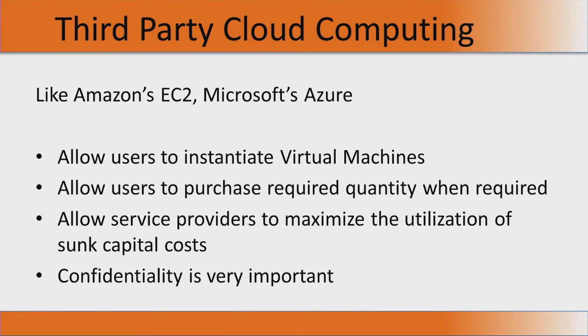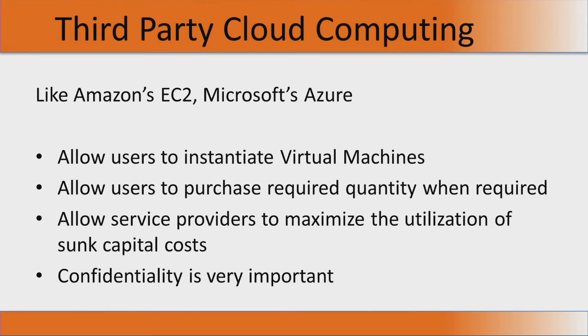So, one of the things that we need to ensure is there is a strong separation between any two virtual machines that are running on the same physical server. These are broadly how we handle these security issues, but we will go into depth for each one of them here. When I talk about third party cloud computing like the Amazon EC2 or the Microsoft Azure, what do they provide?